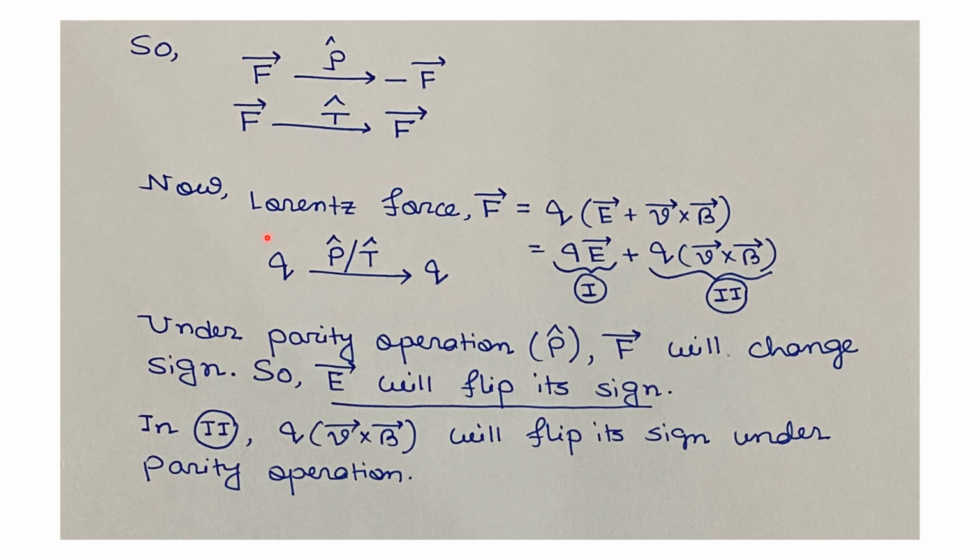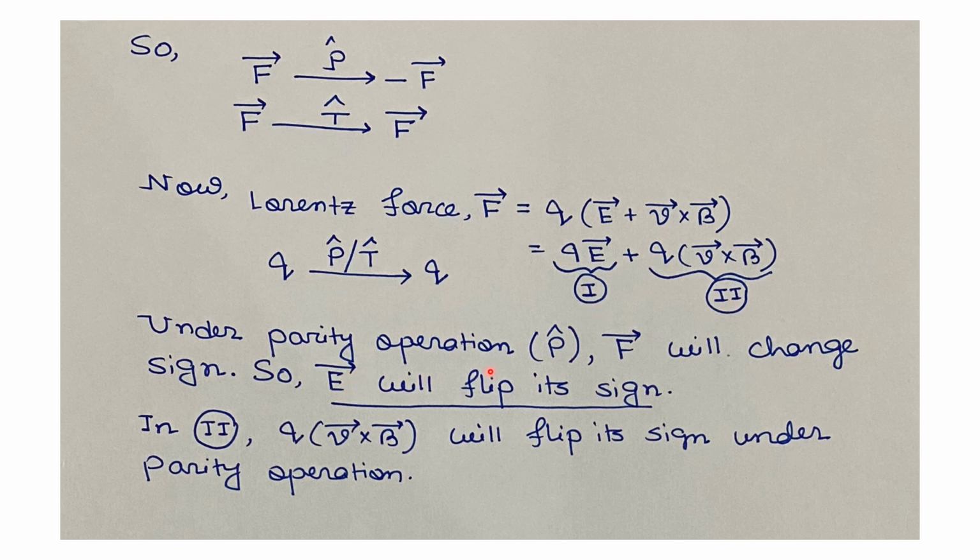Now coming to the Lorentz force, that is F vector equals q times E plus v cross B. Now charge doesn't change its sign under parity operation as well as time reversal operation. So in this force there are two parts, one is the electrical force, one is the magnetic force. So we will denote them by 1 and 2.